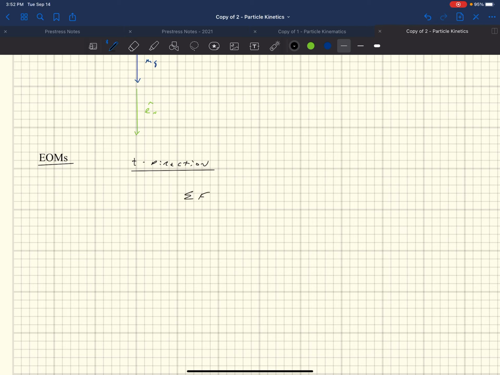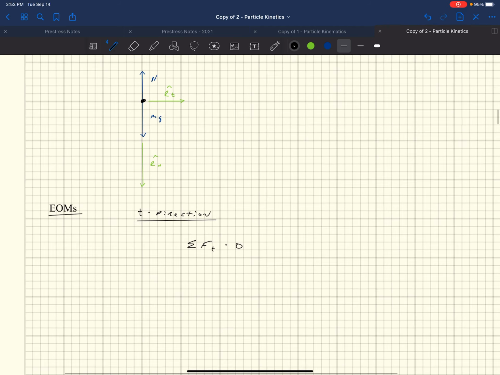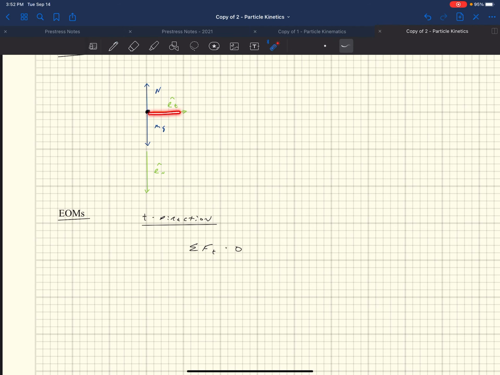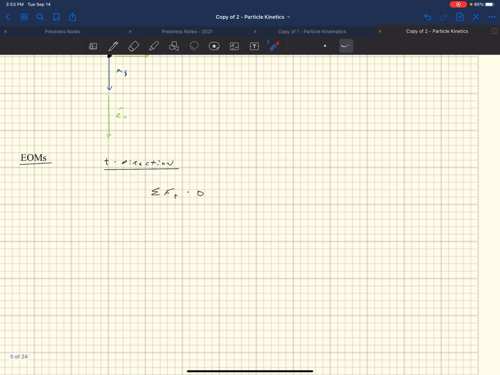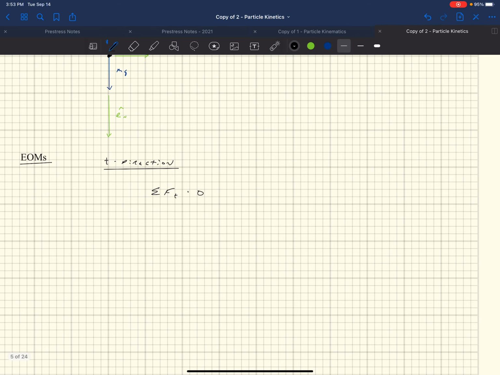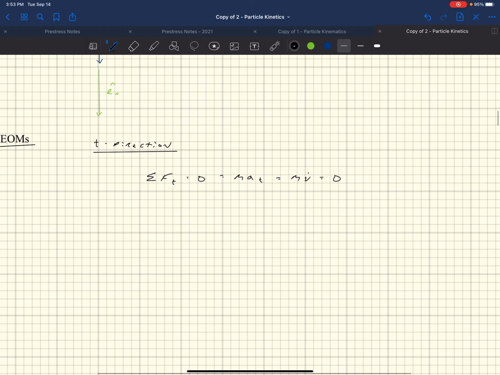The sum of the forces in the t direction is equal to, in this case, 0. If we look at our free body diagram, there are no forces in that direction. So the sum of my forces in the t direction is m a_t, and there is no acceleration in that component, so that's just m v dot, which is equal to 0. My forces are 0, therefore my accelerations are 0. The problem statement says the acceleration is 0, so the forces are 0.